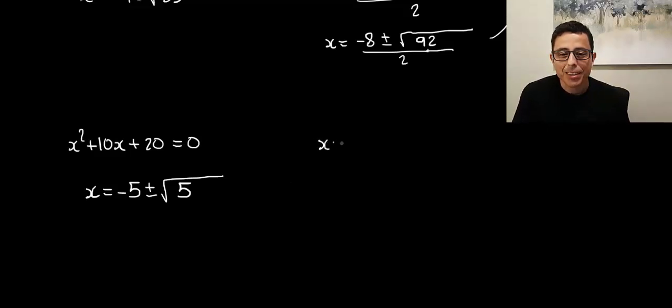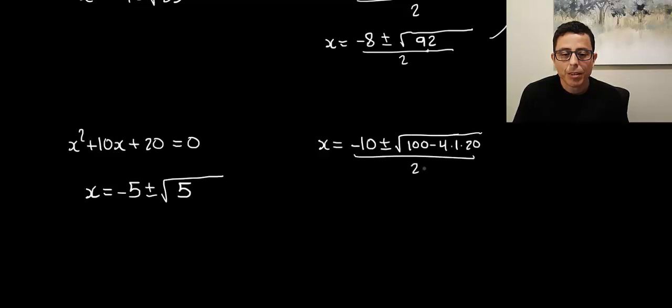So let's do this real quick here. Now I'm going to use the quadratic formula very fast. So this would be -10 plus or minus 10 squared, which is 100, minus 4 times a times c, divided by 2 times a.